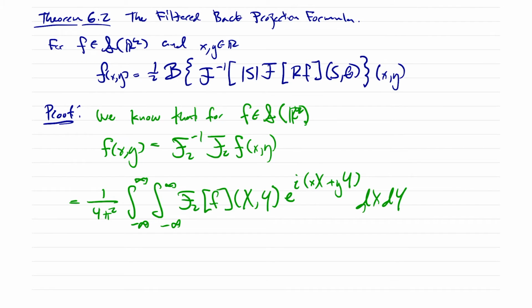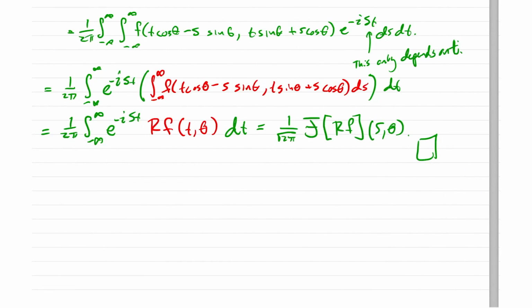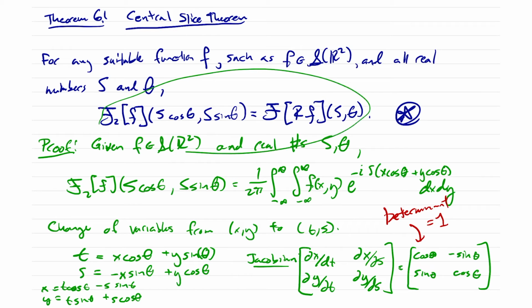There we go. So that's what we have. That's just expanding the definition of the inverse transform. And as you can guess, we're going to replace, ultimately, this guy with the formula that we just developed here. We'll get to that in a minute.